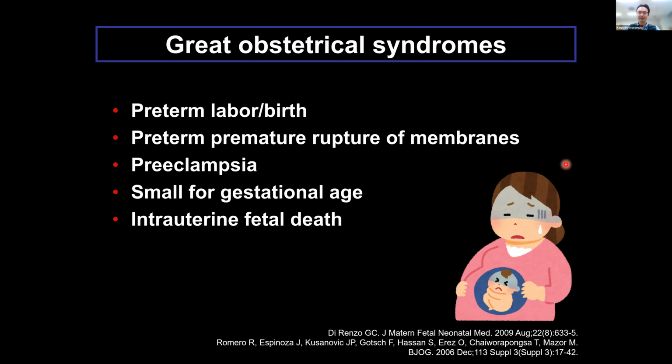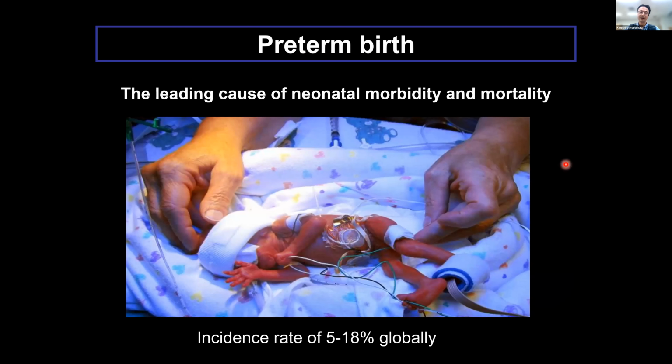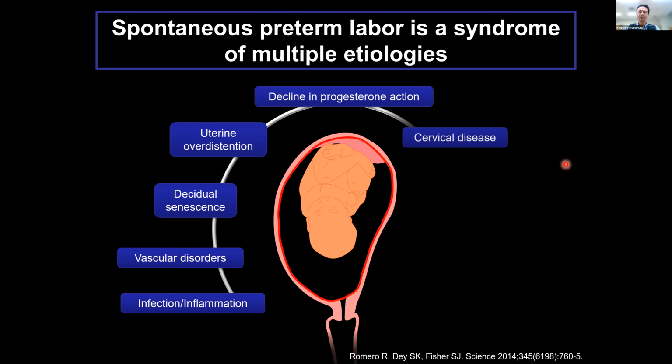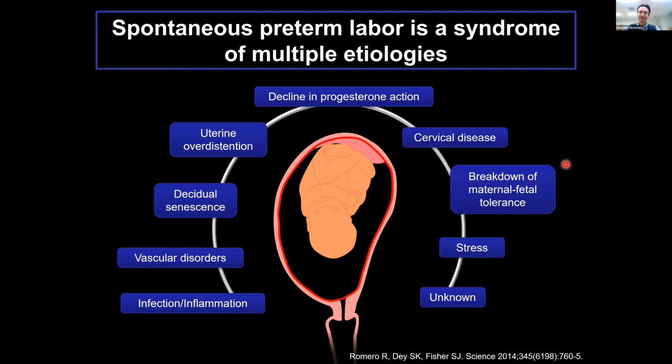Among these, preterm birth, defined as delivery before 37 weeks of gestation, is the leading cause of neonatal morbidity and mortality worldwide. Preterm birth is often preceded by spontaneous preterm labor, a syndrome of multiple etiologies.